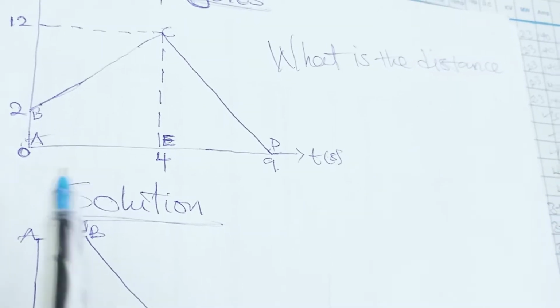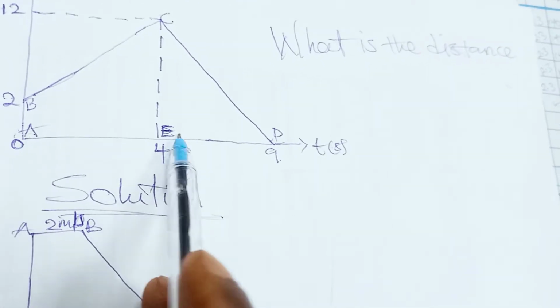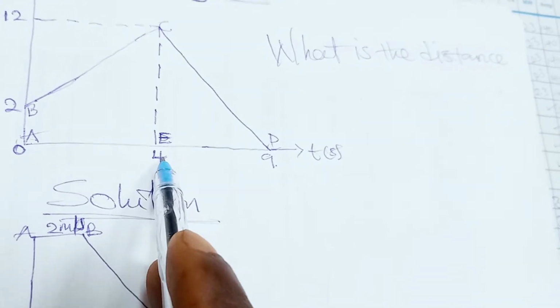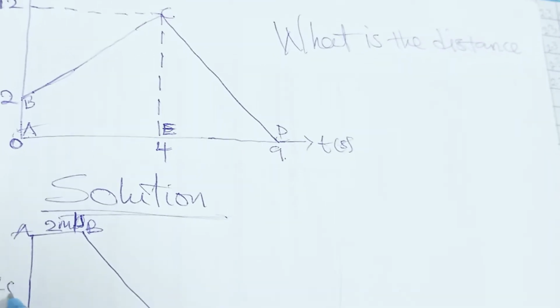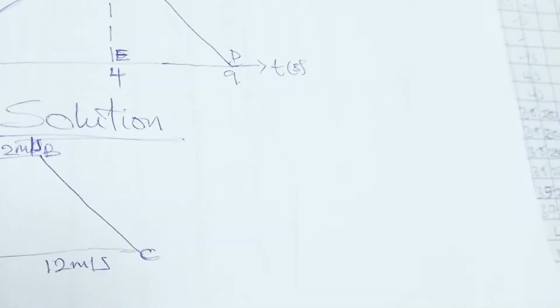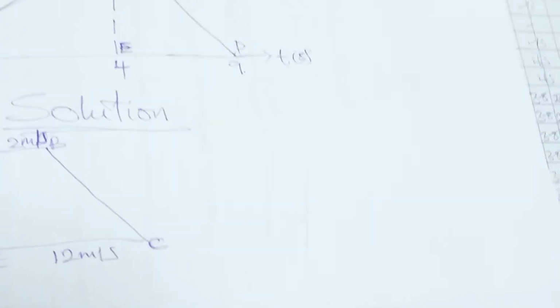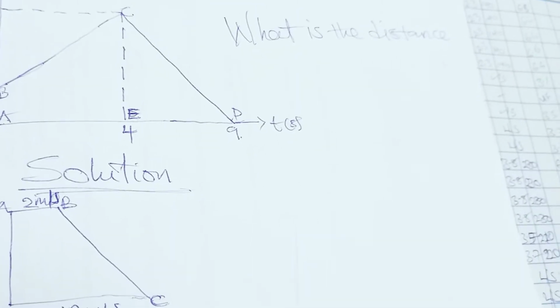Now, between A and E, we have what ranges from 0 to 4. That's 4 in what? In seconds.